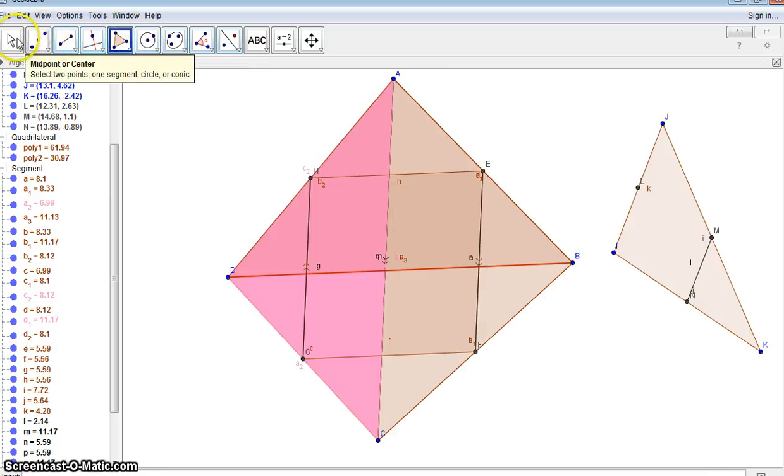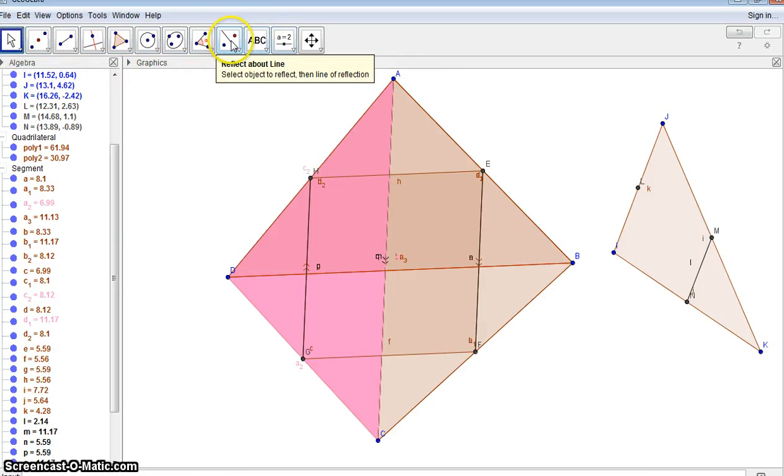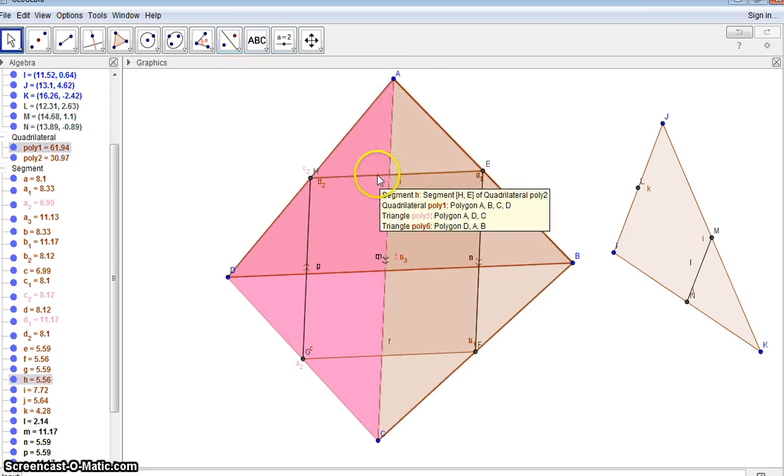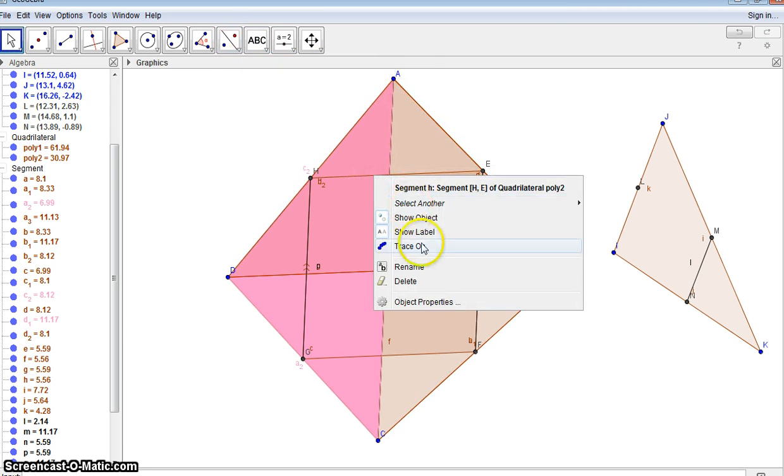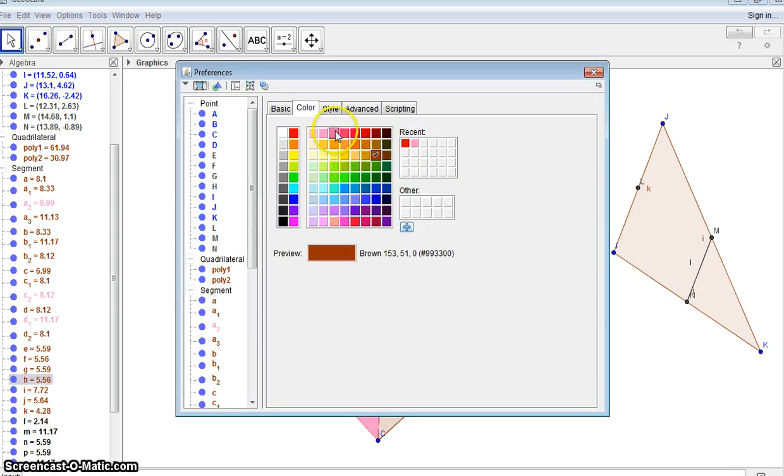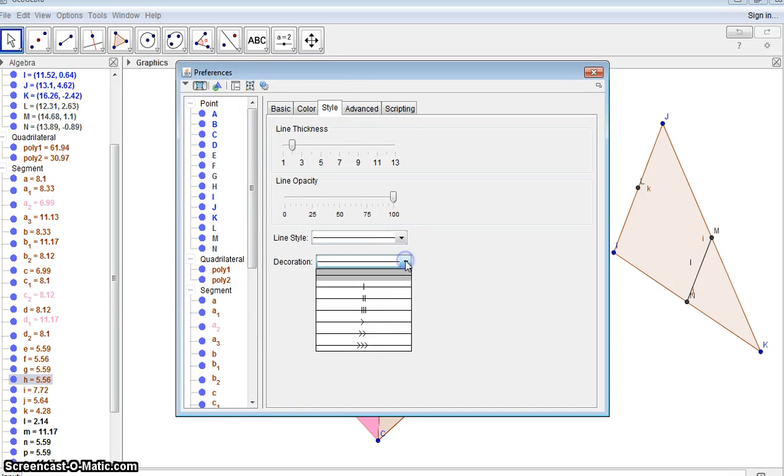So it would be accurate to mark these as parallel to the base. Object properties, style. Let's choose a different parallel flag. How about the triple?